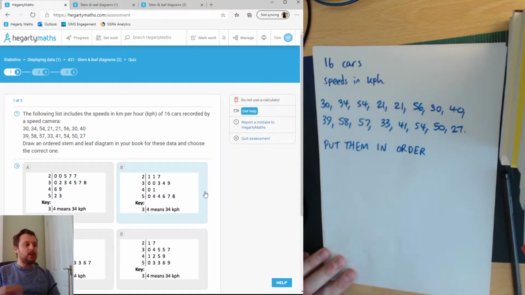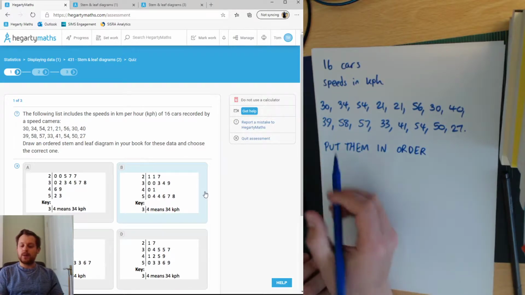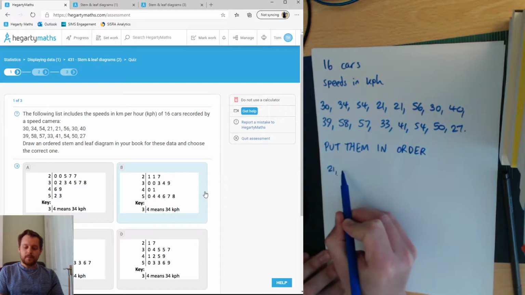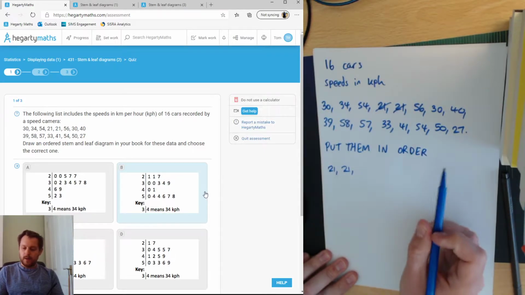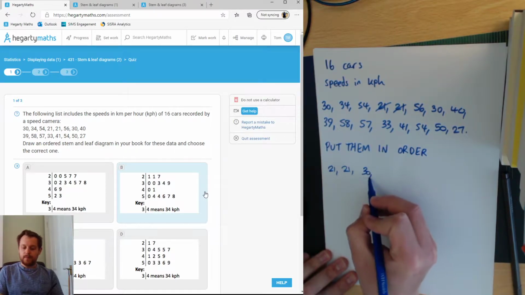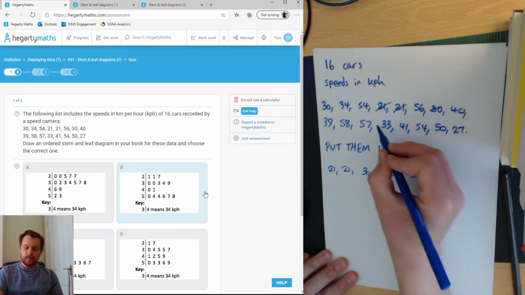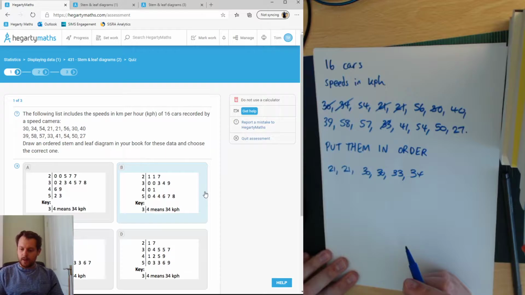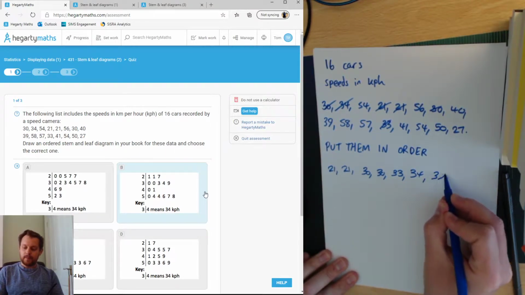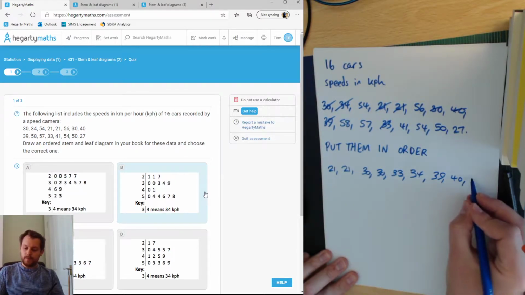So you'll want to double check. We started with 16 numbers, so we'll want 16 numbers at the end. I guess it goes 21, 21, 30, 30, 33, 34, 39, 40, 41.